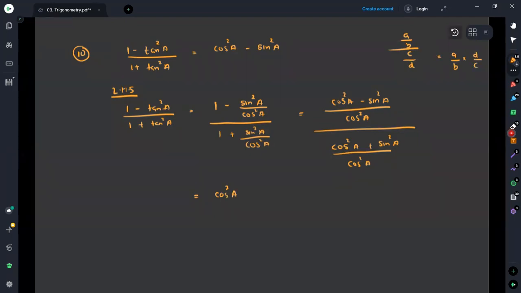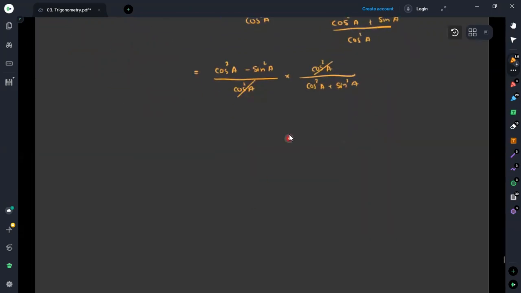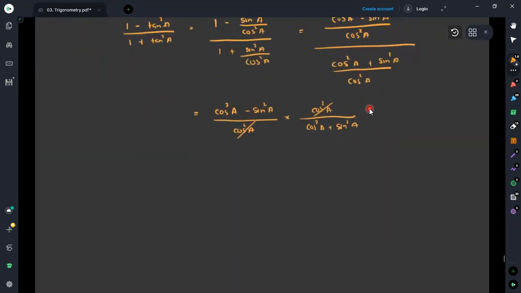Therefore, we'll get cosine squared A minus sine squared A divided by cosine squared A, multiplied with cosine squared A divided by cosine squared A plus sine squared A. Then this will be cancelled out since the similar terms are in the numerator and denominator.